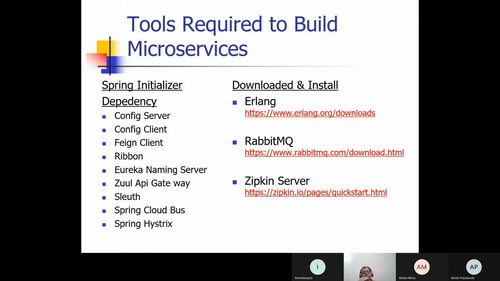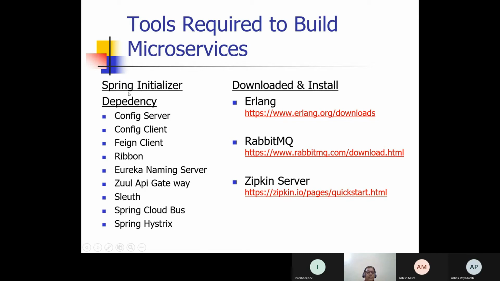Before microservices were invented, different applications used to communicate in this particular manner, which I am going to show you right now. As we will require all these tools, only then will we install them.